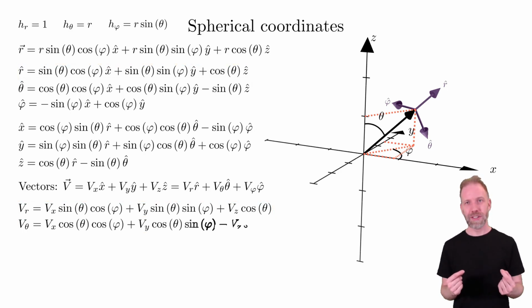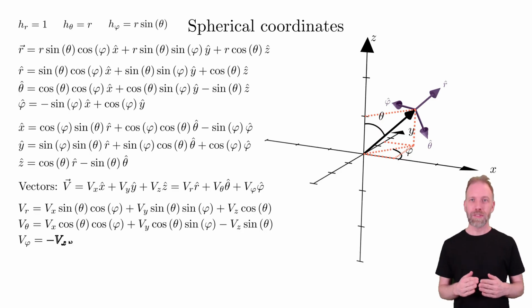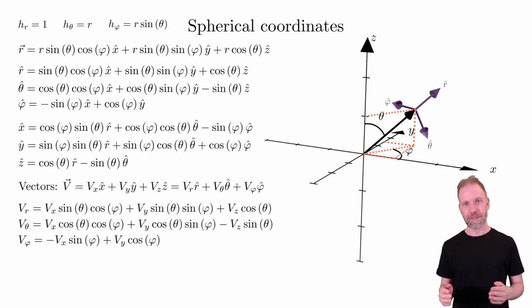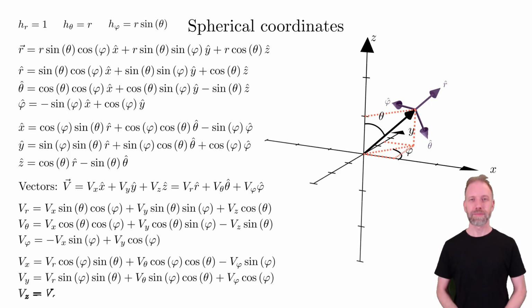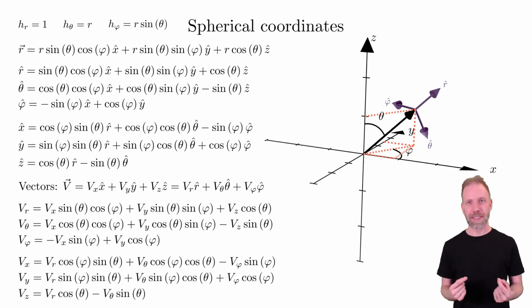These are the equations you need if you want to rewrite the vector from Cartesian to spherical coordinates. Or if you want to go in the opposite direction from spherical to Cartesian coordinates. These are the final expressions for how to convert between the two coordinate systems.